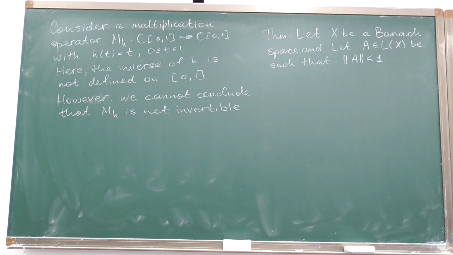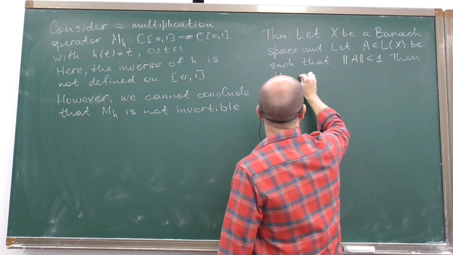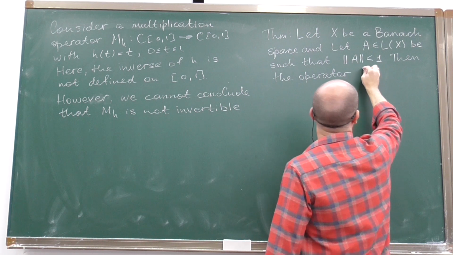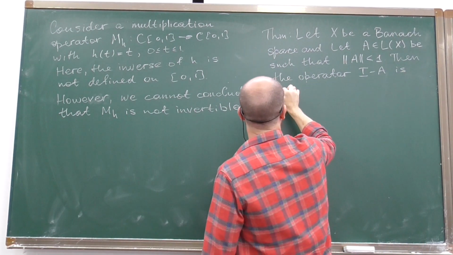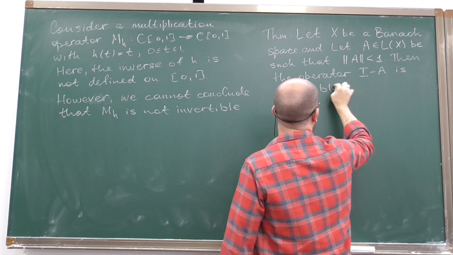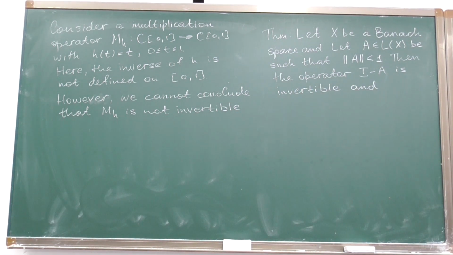Having these assumptions, we conclude that the operator identity minus A is invertible, and moreover, we have a very nice formula for its inverse.